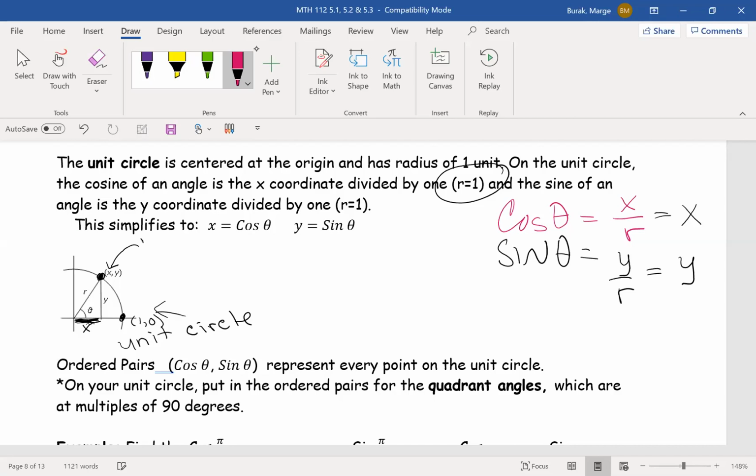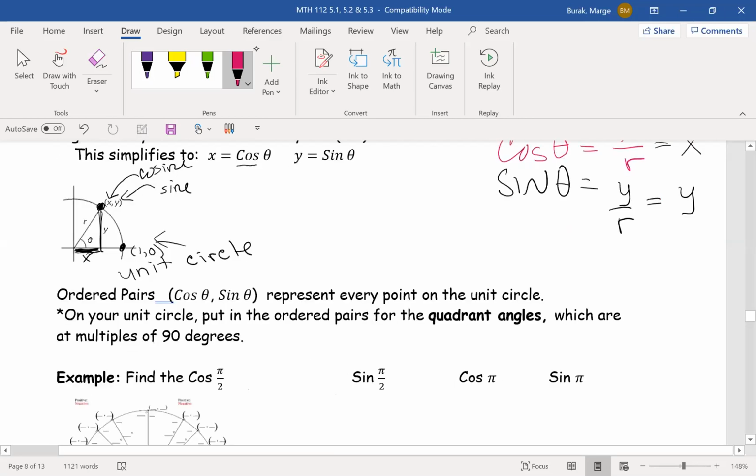That's the cosine, abbreviated cos, and pronounced cosine. And the sine would be the y coordinate, abbreviated sin, but pronounced sine, even though it's not phonetically correct. And that would just be the y coordinate because the radius is 1.